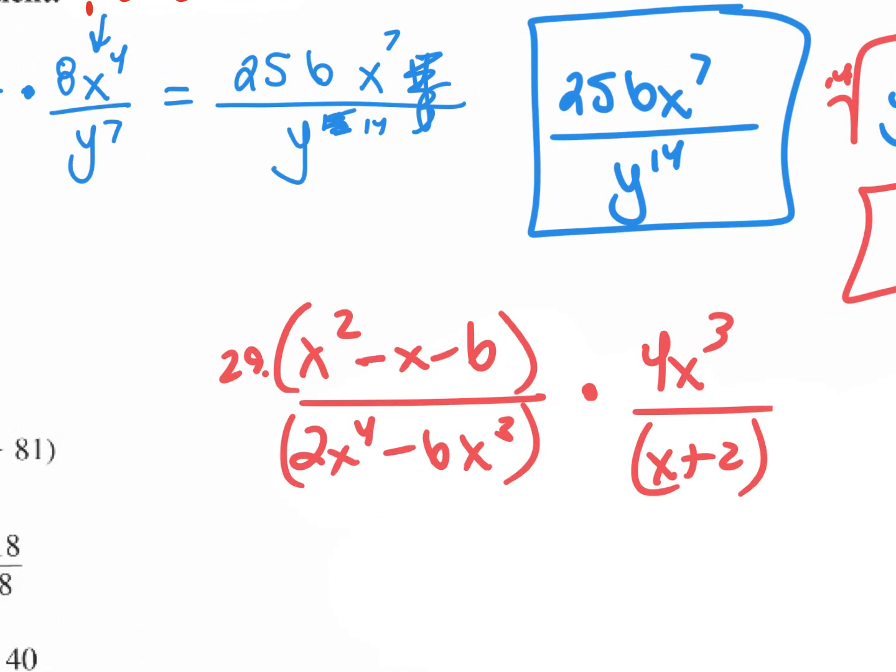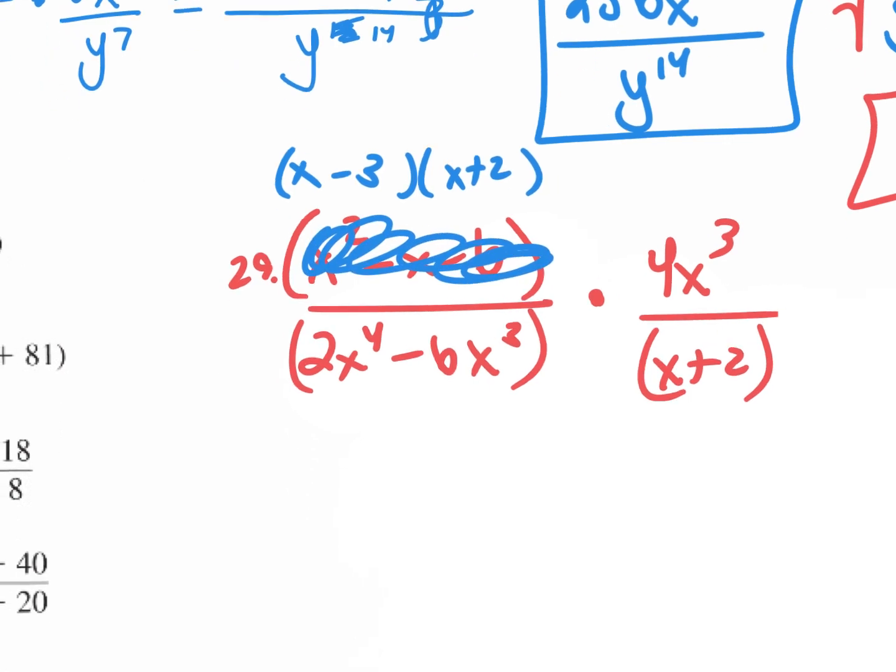So on my top left, what can I factor out? What can I do with x squared minus x minus 6? What does this become? x minus 3 and x plus 2. Agreed? Okay, so that's gone. Good. Let's go down here. What can I take out of 2x to the 4th and 6x cubed? 2x squared.